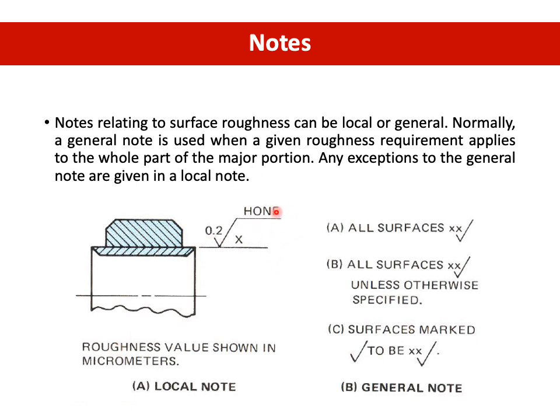This one is going to be your local note. As for the general notes, mostly they have some explanation, all surfaces, what is the number of your surface roughness, unless otherwise specified. They give you a simple explanation. You need to have a certain number, so you need to go through all the tables that I showed you before on the last slides.